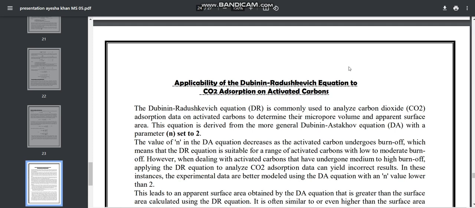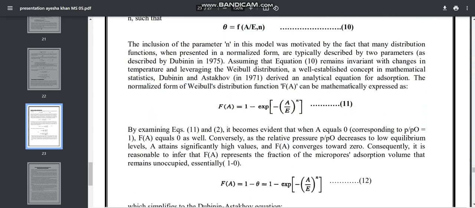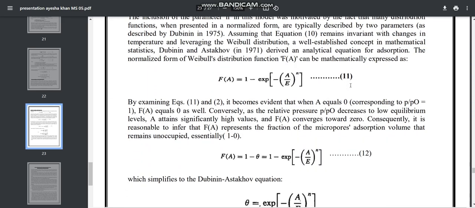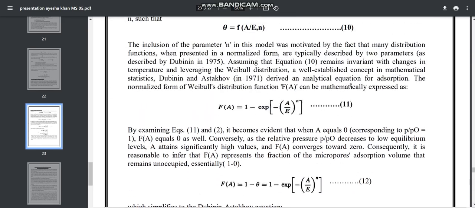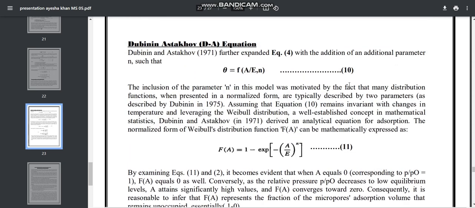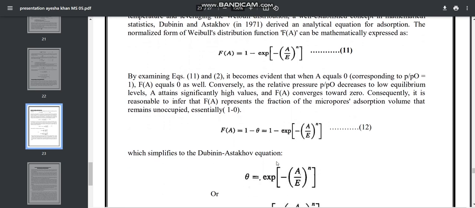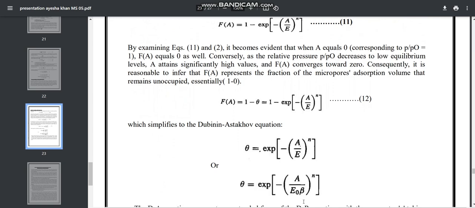It comes from the broader DA equation, whose final expression I have already described. This is the equation derivation, where theta is equal to A over E into n, F into A is equal to 1 minus exponential of minus A over E into n. And then we get this final equation.